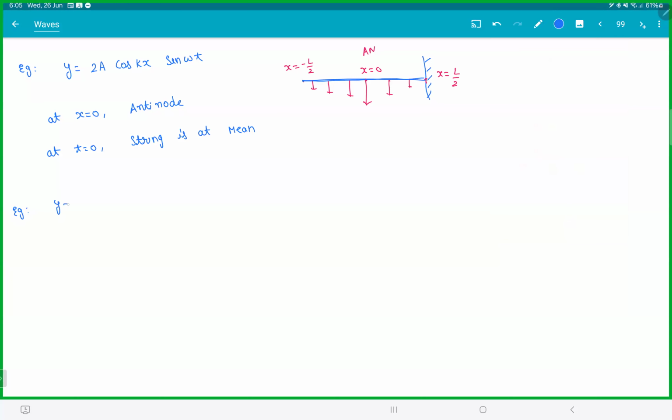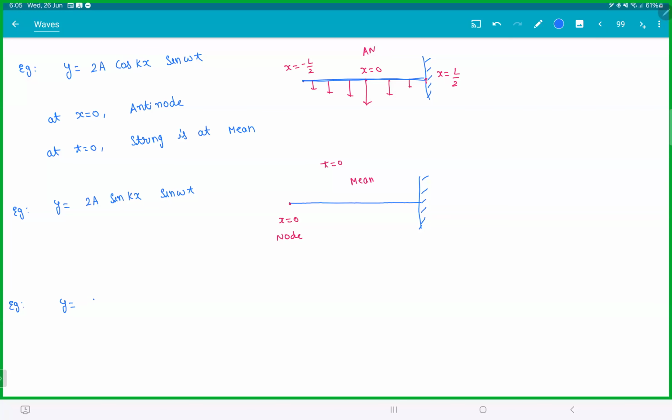So if I take y is equal to 2a sin kx sin omega t, same thing, the string is flat, but this time you have taken x is equal to 0 as node, and the string is at mean position.